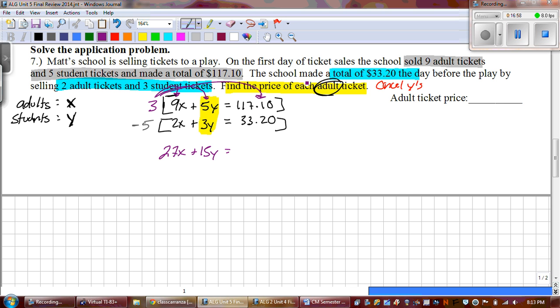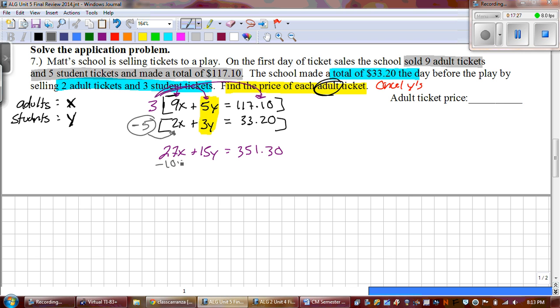And then 3 times 117.10 gives us negative, or not negative, sorry guys. Yeah, we got 351.30. Okay, I'm going to actually make that look like a 3 because it looks like chicken scratch. Okay, now on the bottom, we're multiplying everything, distributing a negative 5.